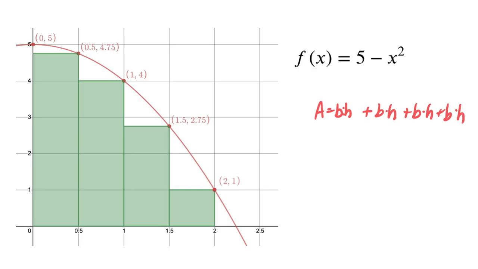We'll have a base, which is 1/2, times a height of 4.75. I'll add that to another base of 1/2 times a height of 4, plus another base of 1/2 times a height of 2.75, plus another base of 1/2 times 1. I will add this all together and come up with the answer of 6.25.